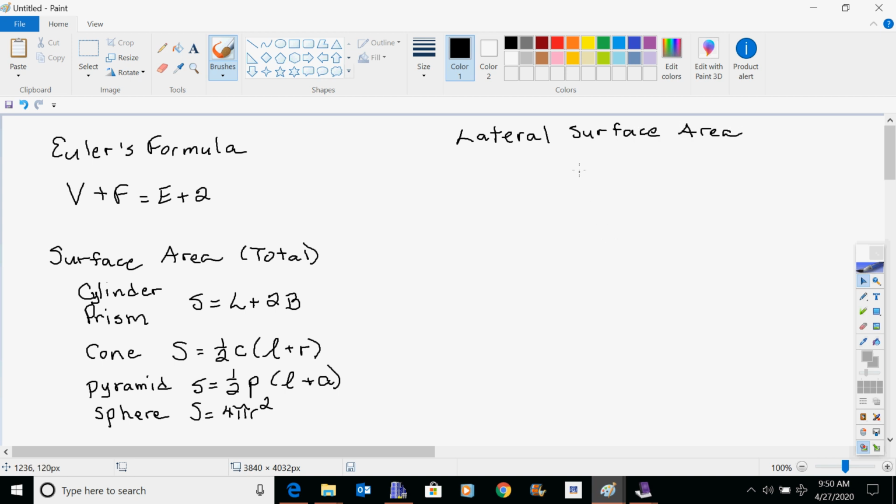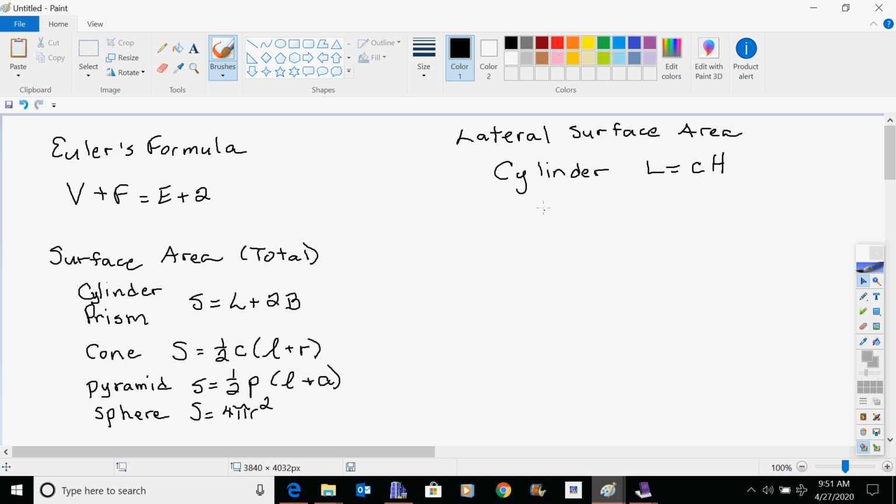Okay, so your lateral surface area formulas, first of all, for a cylinder, L was going to equal the circumference times how tall the whole thing is, the capital H height.